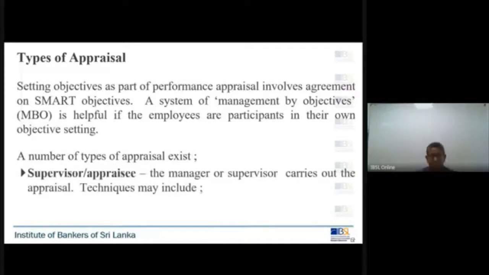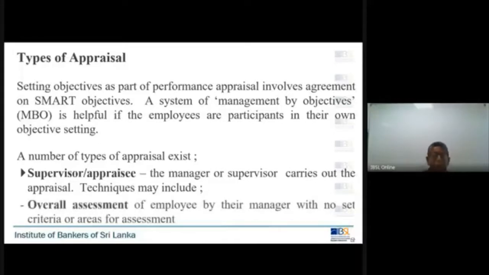Okay. Now one method is what you call the supervisor appraising method. Your supervisor or your boss is going to evaluate you. There are different methods by which your boss can evaluate you. One method is overall assessment. There is no particular method or criteria.